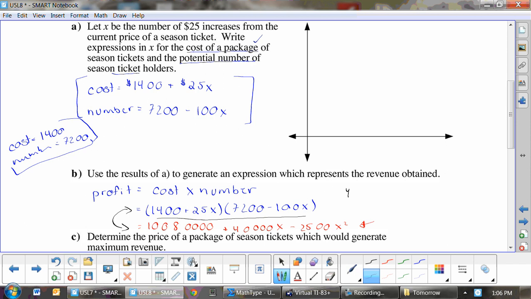So we can make y1 equal to 1,400 plus 25x and 7,200. Yeah, this is a plus.